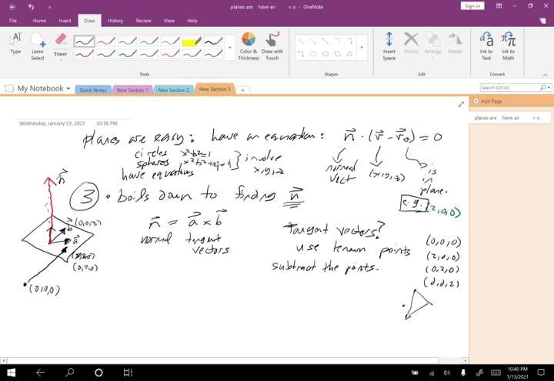And then what we can do is start off with our third point, and to get the vector A, we subtract. So we subtract 0, 2, 0 from 2, 0, 0. So in terms of this graph here, we get our vector A by subtracting the red from the blue.